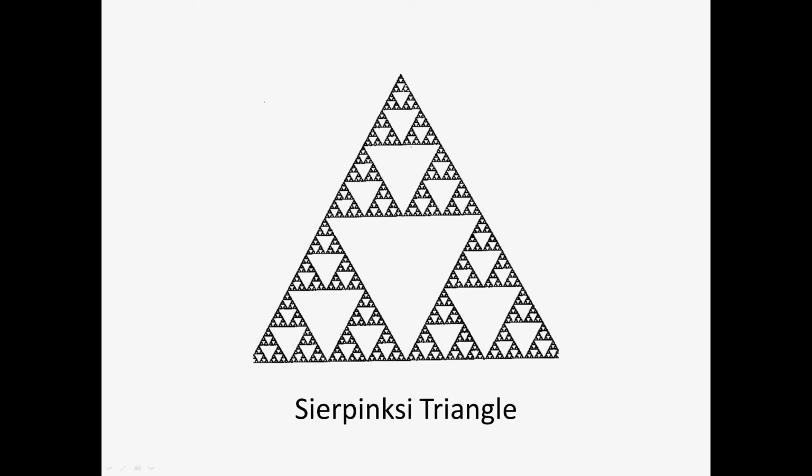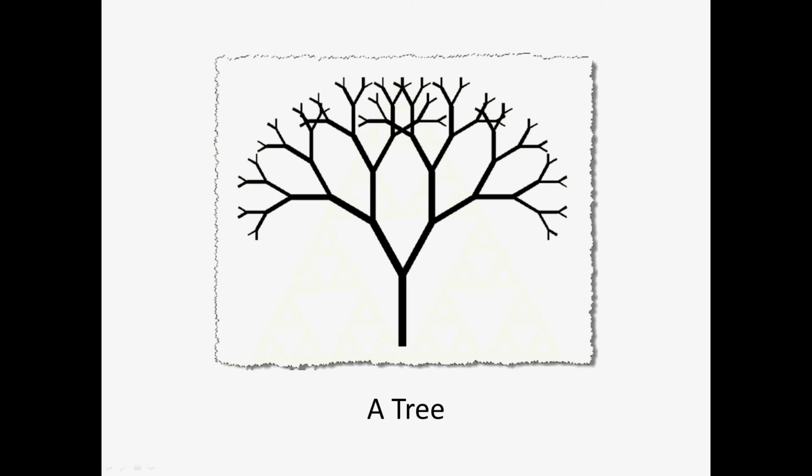And within each of those, we have the same pattern repeating and repeating. Should be pretty easy. This is an example of a fractal constructed around Euclidean geometric objects, such as a triangle. Okay, pretty simple. Let's look at something a little different.